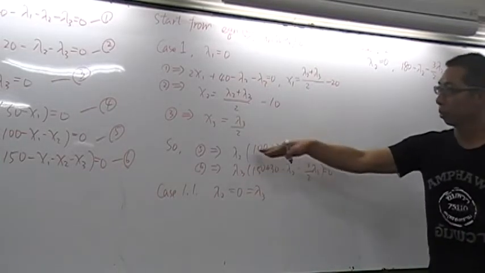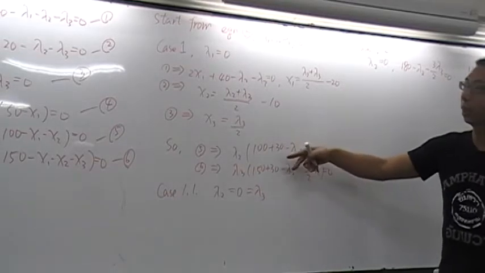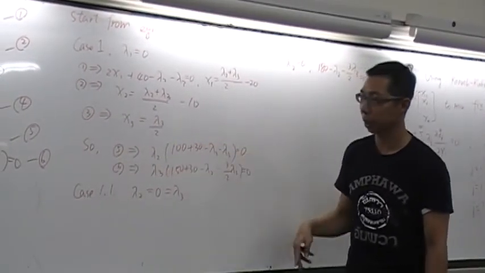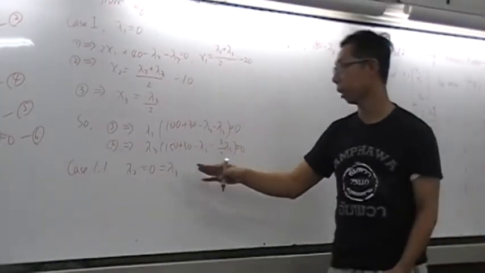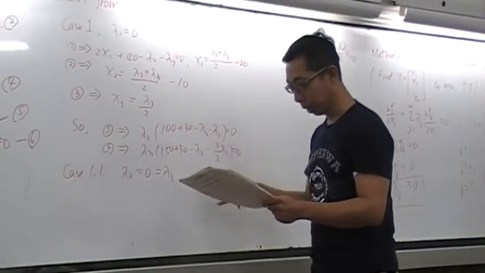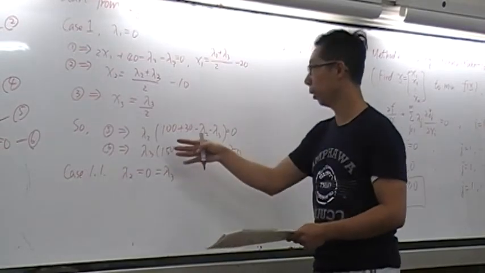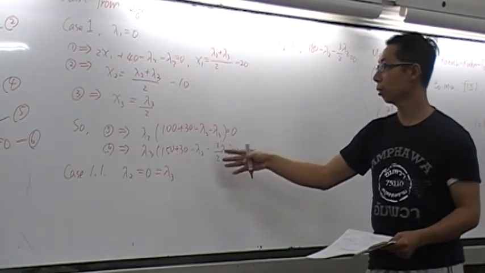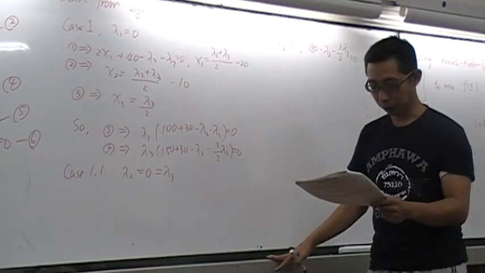Because we have these two equations to solve, it's either lambda 2 and lambda 3 both equal 0, or the other two are not 0. Okay. So anyways, let's try to solve for this. Okay. So if both lambda 2 and lambda 3 equal 0, what do we have?